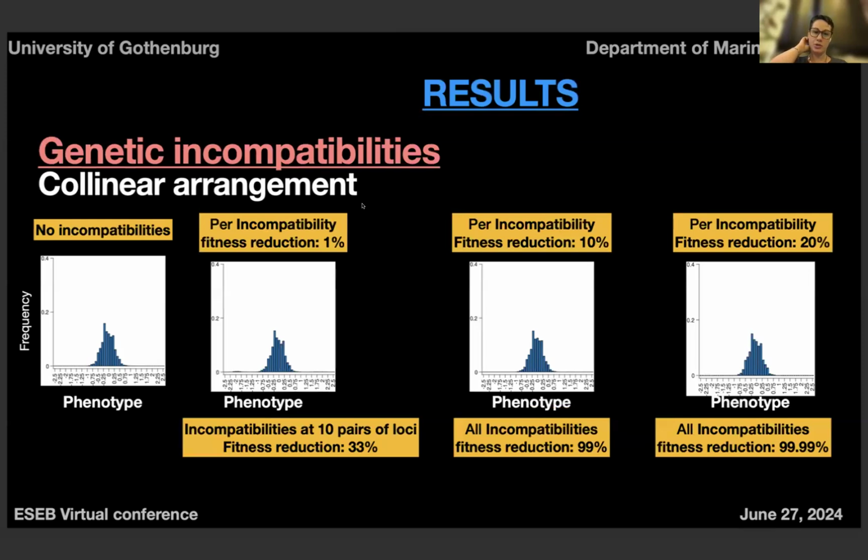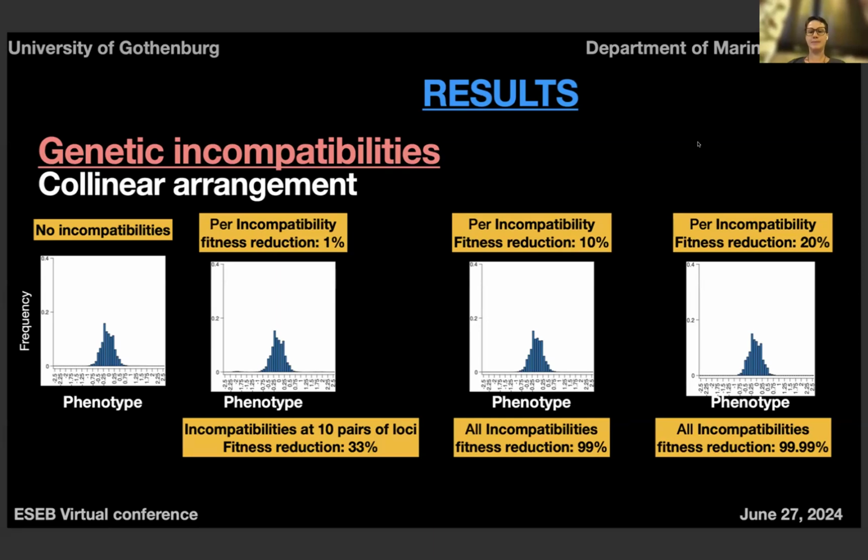Now, if we forget about assortative mating, but instead include genetic incompatibilities, in the model potentially an individual can have at most 40 incompatibilities, but not all individuals have them, right? And the strength of incompatibility per incompatibility is, for example, 1% or 10% or 20% fitness reduction.